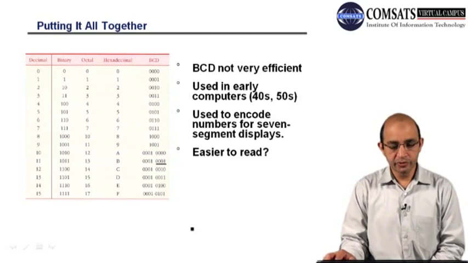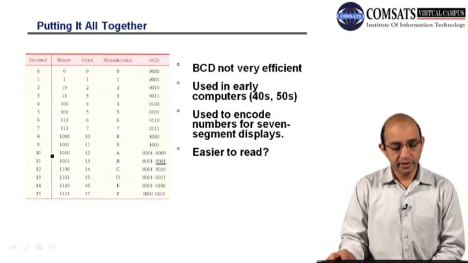Though they were used in computers in the 40s and 50s, they are not efficient. If you look at it, to represent this 11, you have to consume 8 bits, right?